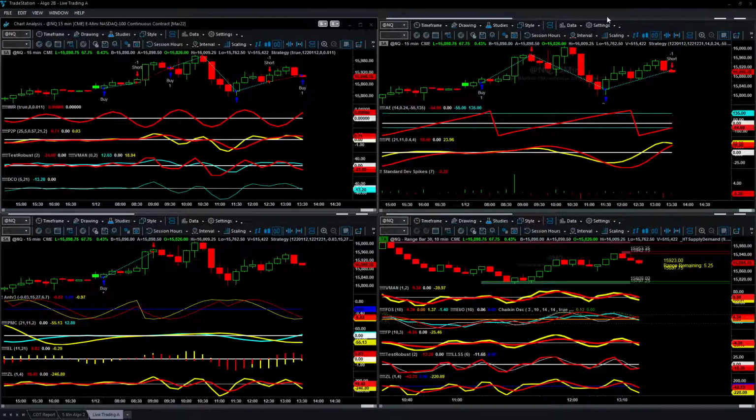Okay, it just came out of chop zone, guys. And okay, that looks good, that looks good, that looks good. All right, I'm going to take a short on this trade. All right, there you go.